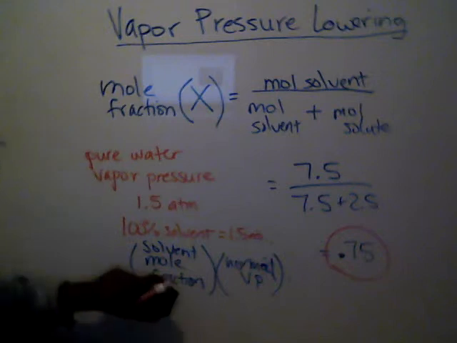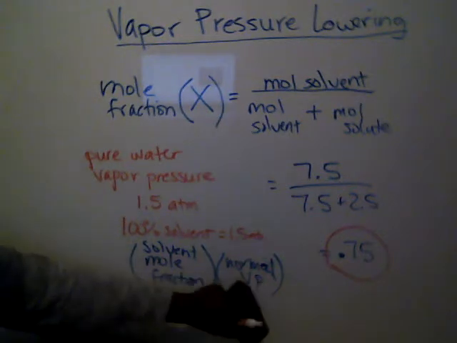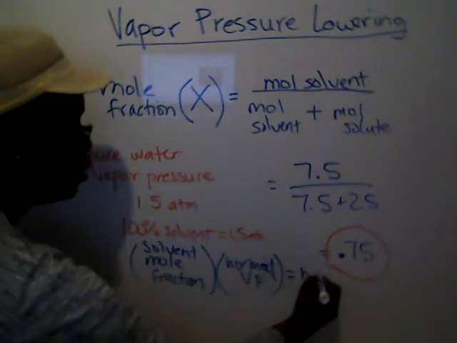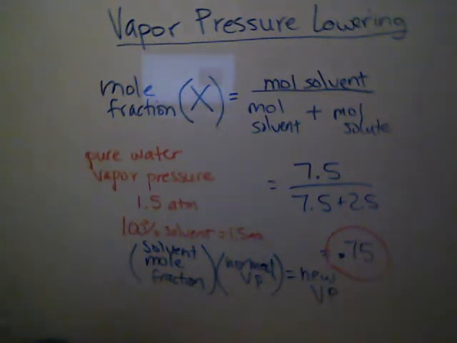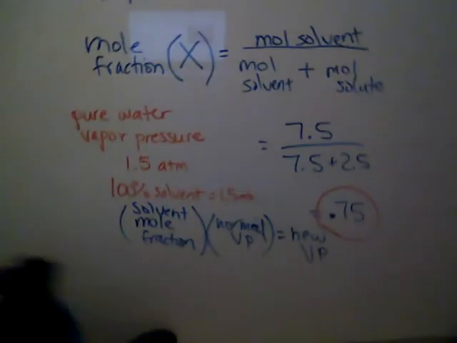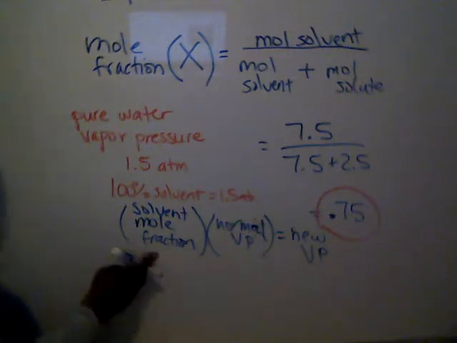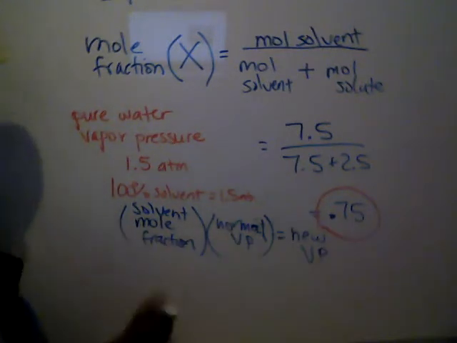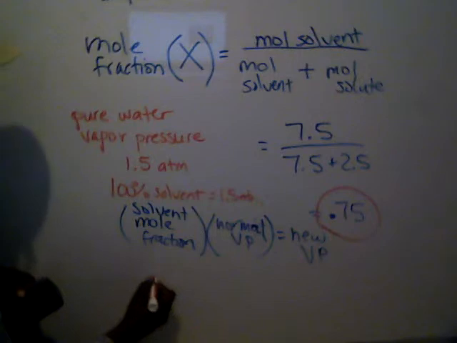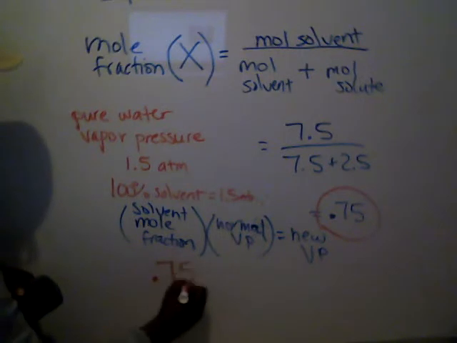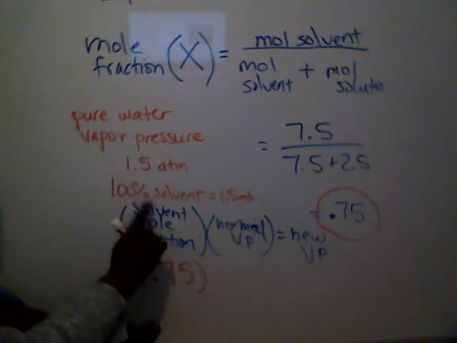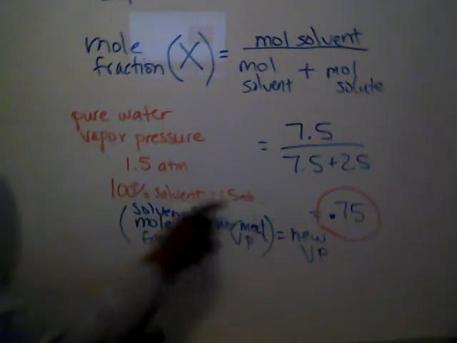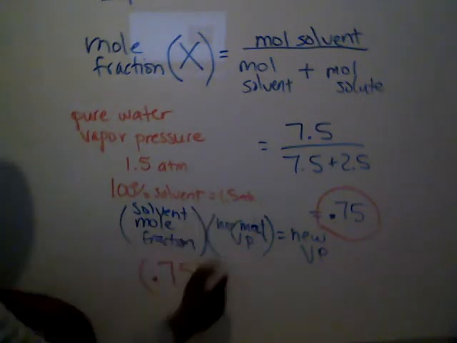Okay. So we take the solvent mole fraction, multiply by the normal vapor pressure, and that would give us the new vapor pressure. Okay. So if we do each of those steps, our mole fraction was the 0.75 that we calculated. The normal vapor pressure, that's when we have 100% solvent, so we have no solute at all. That should be given to you, so that was 1.5.